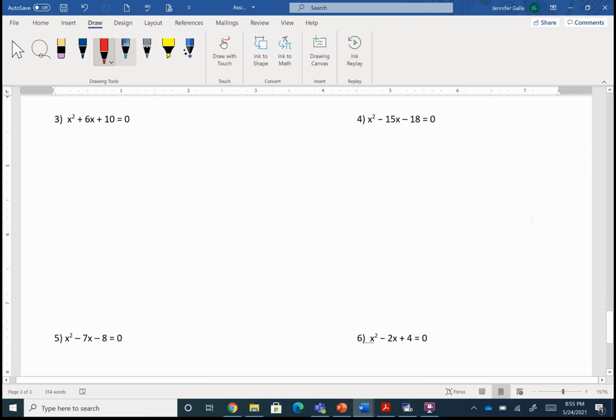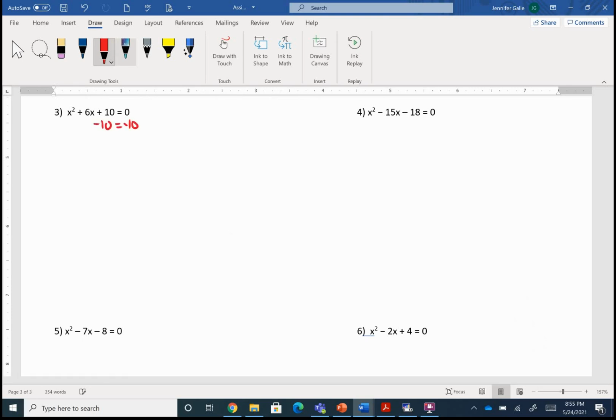Moving on to number 3, same process as the first two. Let's go ahead and move our constant to the other side. Half of b, we take that half and we square it. There's the square we need to complete our square.